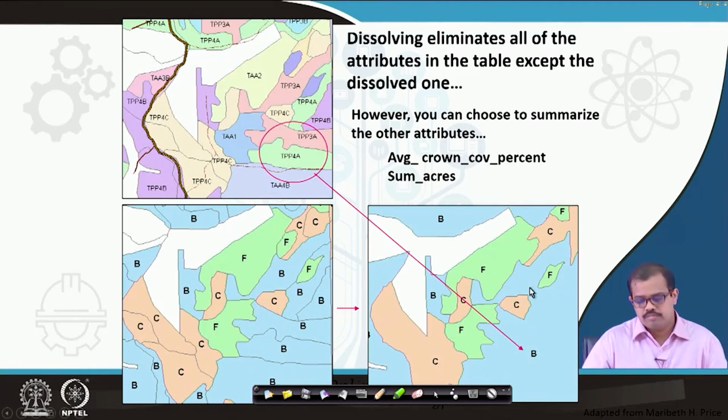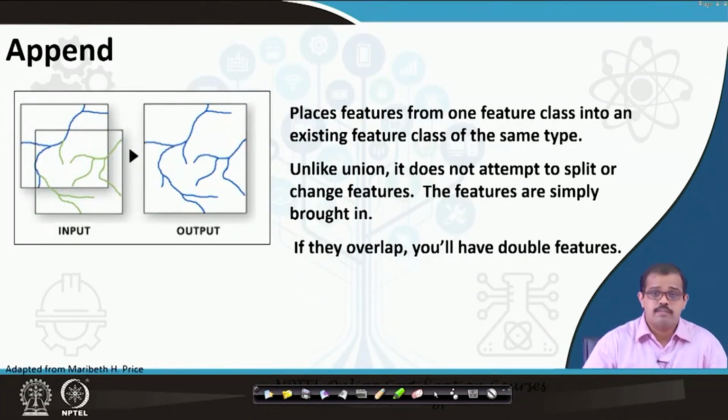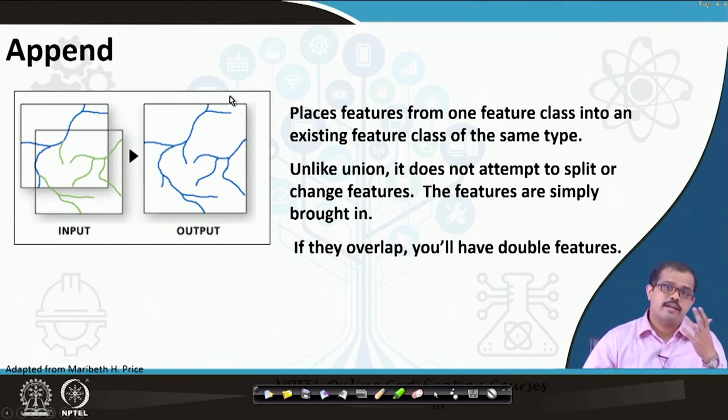You can choose to summarize other attributes which are related if they are not dissolved. Whatever is dissolved, you lose that attribute data, and only the things that are not dissolved remain as they are. There is something called append. For example, it places features of a feature class into an existing feature class of the same type.